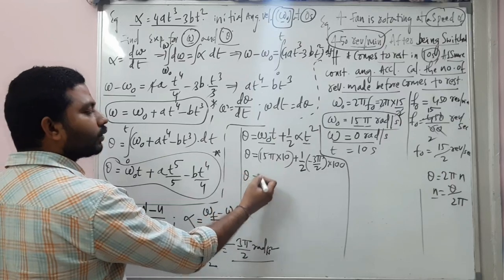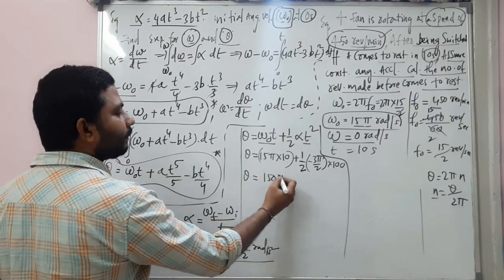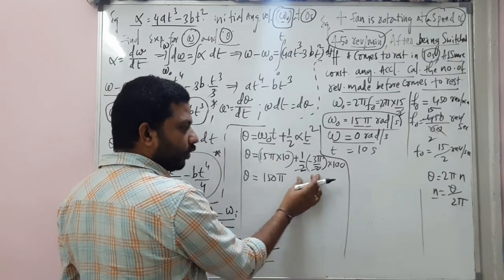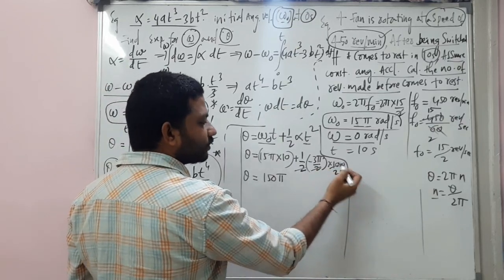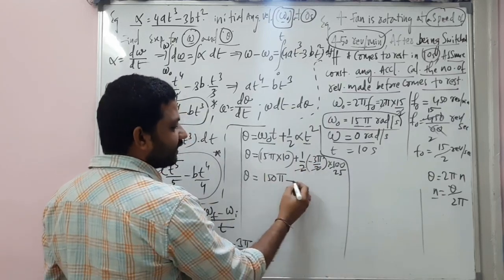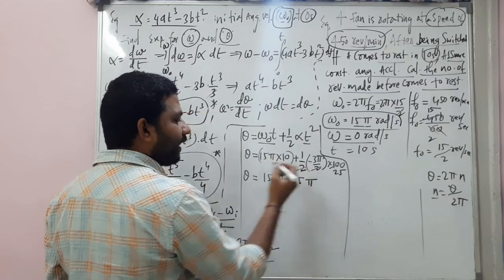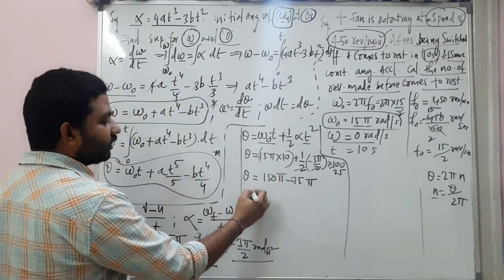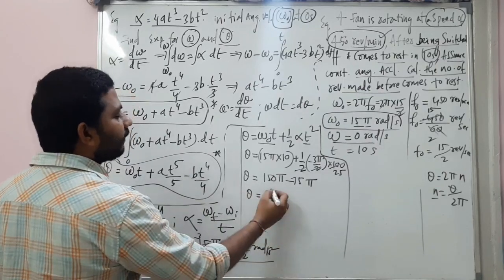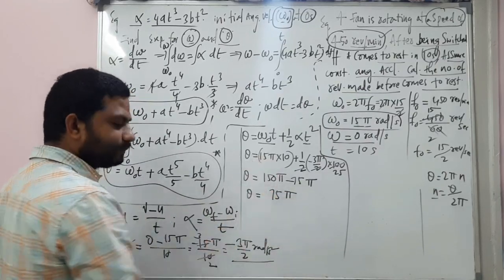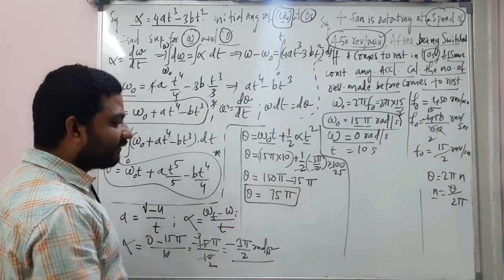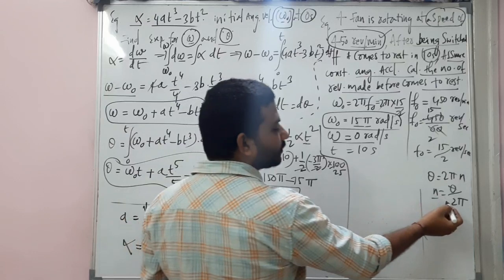Now theta is equal to 150 pi, minus, 2 2s are 4, 4 25s, 25 into 3 is 75, so minus 75 pi. So theta is equal to 75 pi. Understand? Theta value is 75 pi.